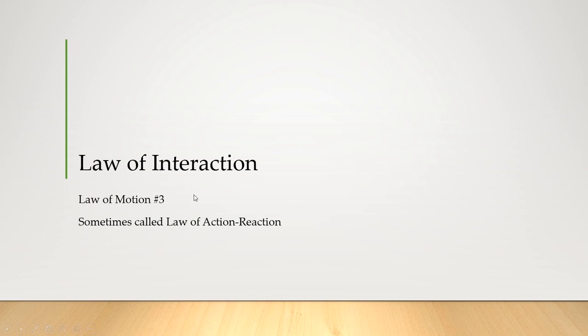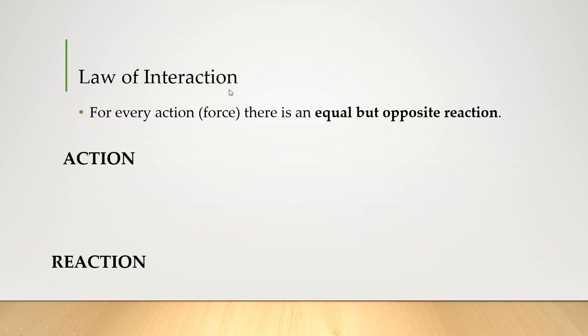Third law of motion. Number 3, law of interaction. Sometimes it is called the law of action and reaction. You'll see why. Because the law of interaction says that for every action, every force, there is an equal but opposite reaction. Okay, it's that easy. For example, you have a force of 50 newtons going in that direction.